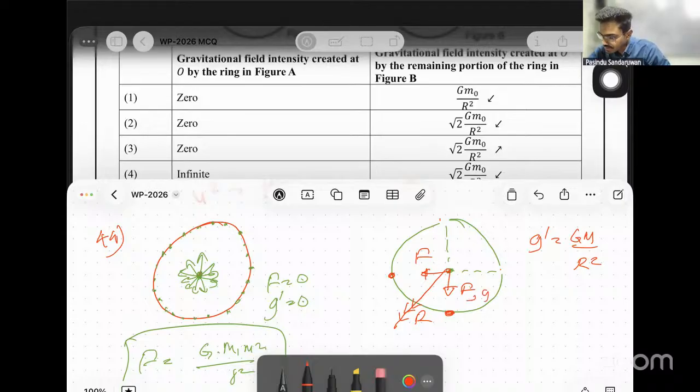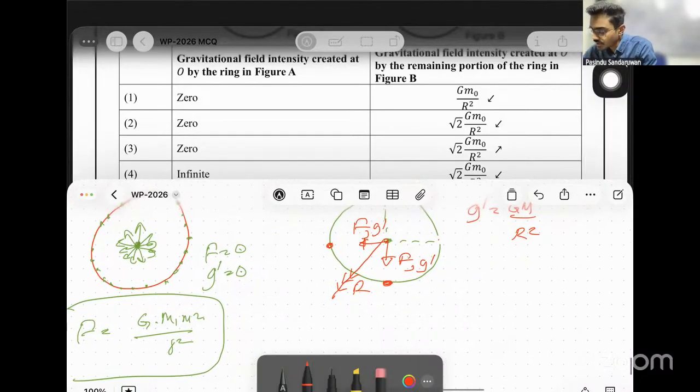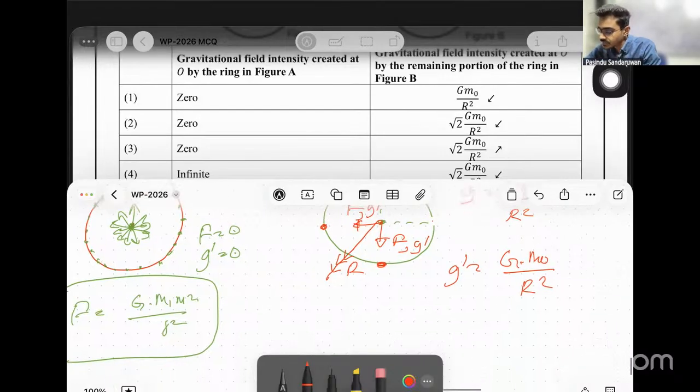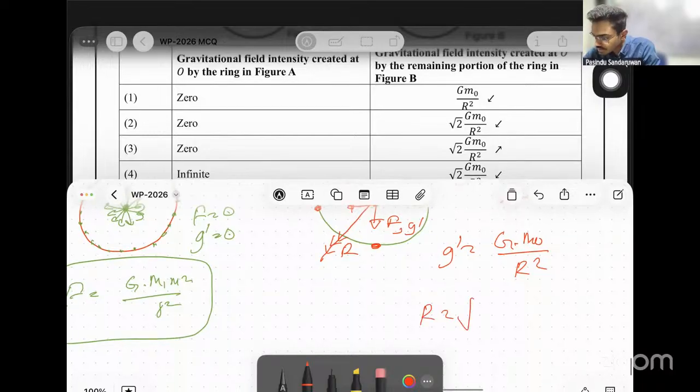Here also G is G dash. Now the resultant is asked. We know this G dash equals G m naught over r squared, as the mass is given as m naught. Then the resultant is the square root of G dash squared plus G dash squared.